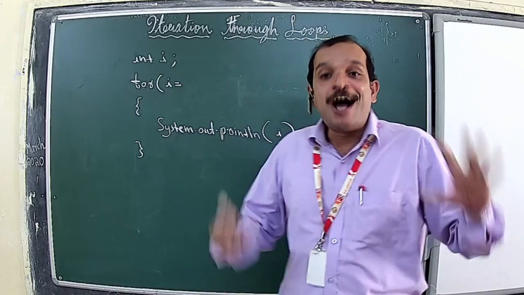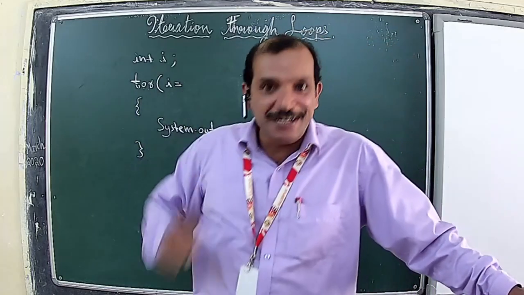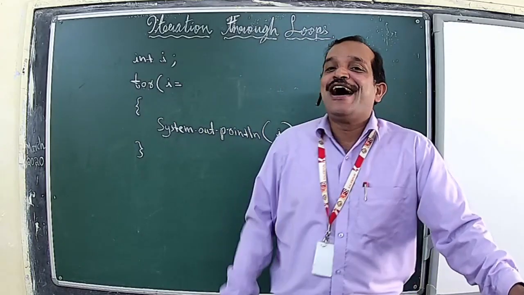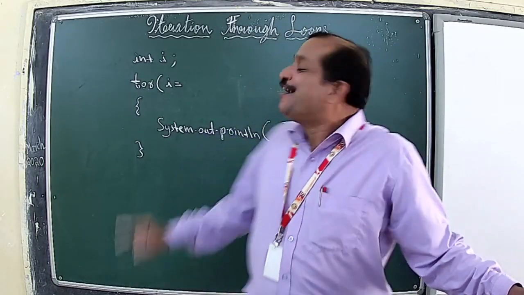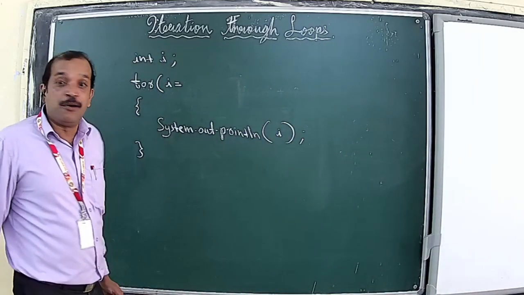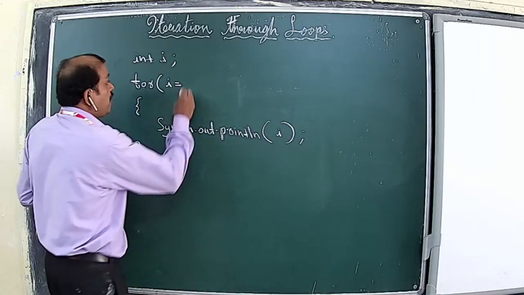Instead of that, now our task is to print the values in reverse order, that is printing from 100 to 1. Therefore, as part of the initialization expression, we will initialize this loop control variable not with 1 but with 100.